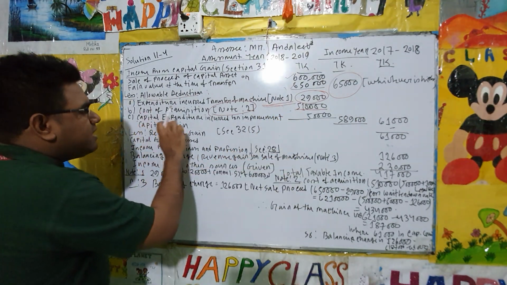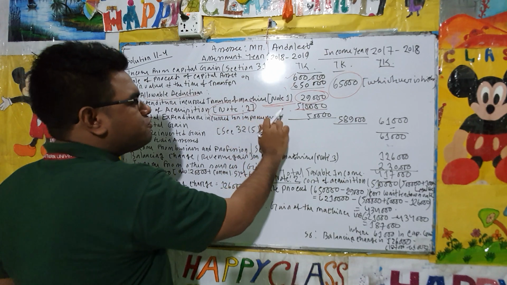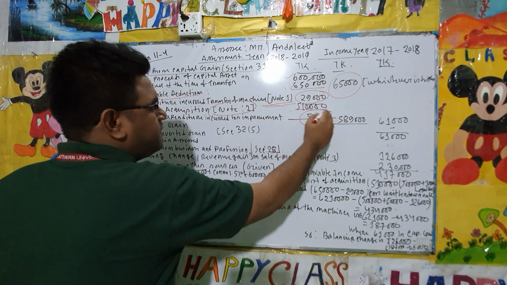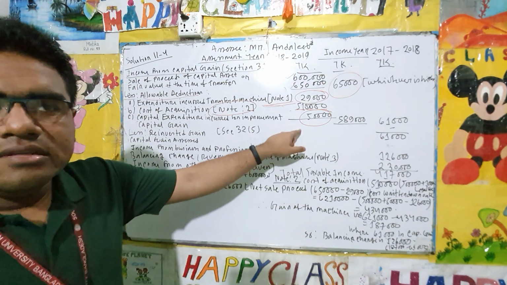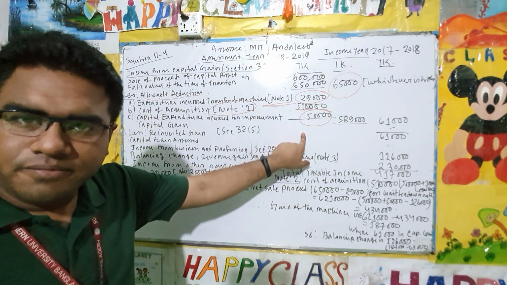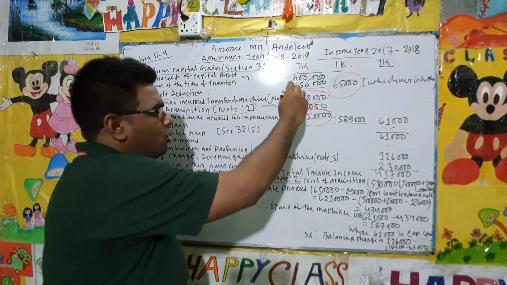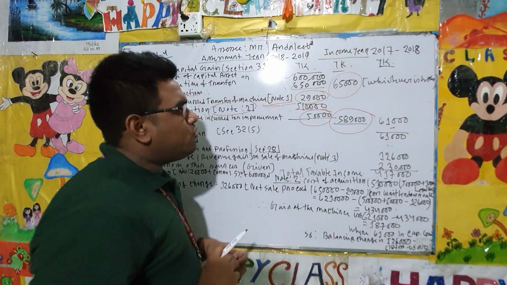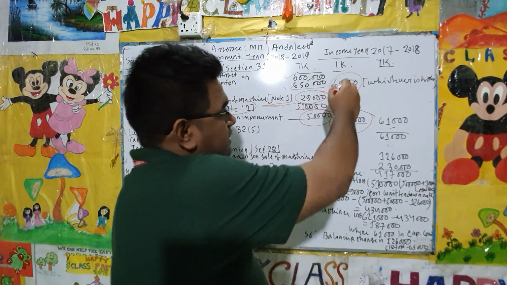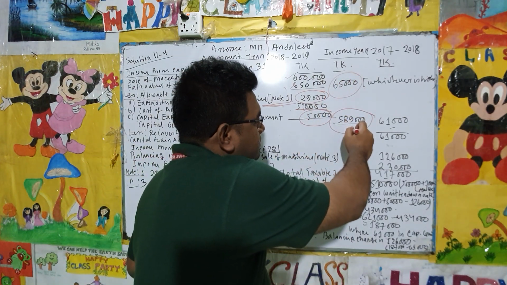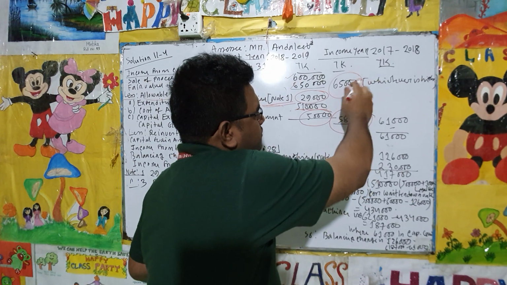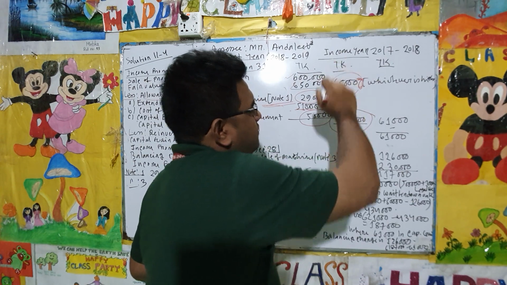Number C, capital expenditure incurred for the improvement. 50,000, straightly written from the question. So altogether is 5,89,000. So from, if we deduct 5 lakhs, it's not 65,000, it's 6,50,000.